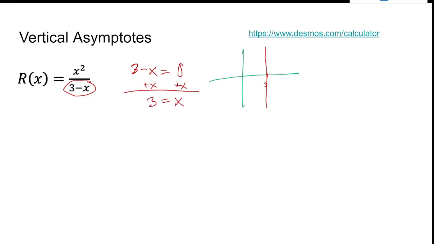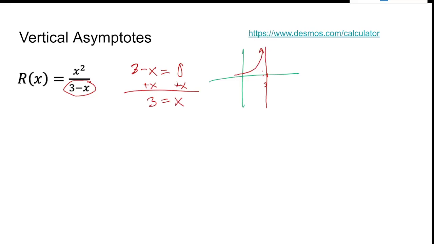From the left side, if x is less than 3, 3 minus some number less than 3 is going to be a positive value. And x squared is going to get much bigger than this. What we will see is potentially the graph going towards positive infinity.